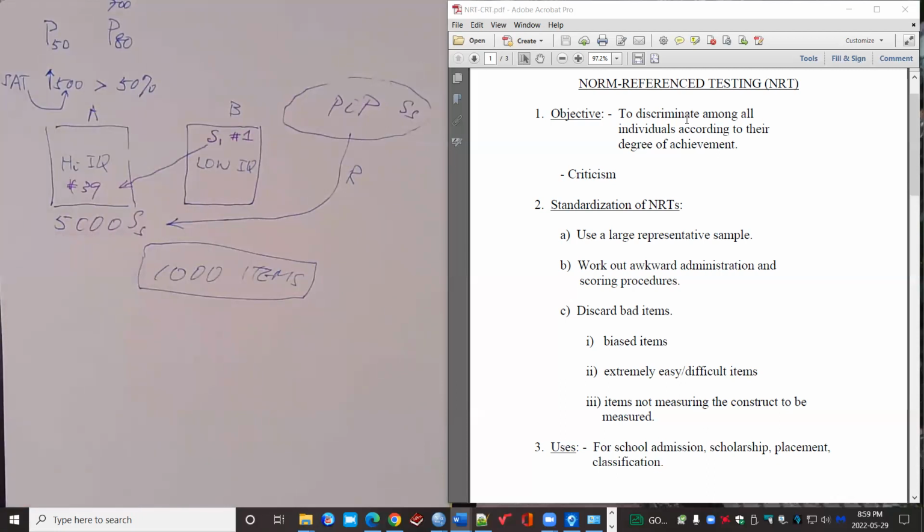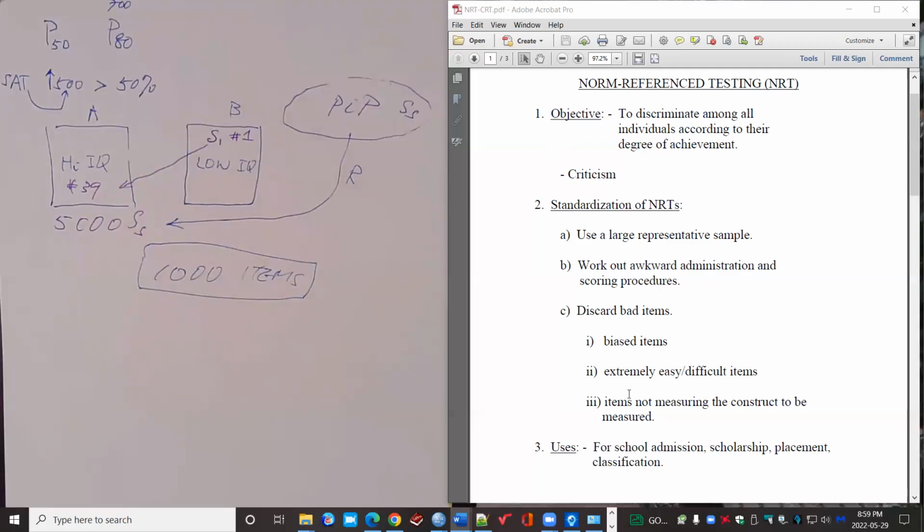So they are useless, because these items do not provide any information about the examinees. So we discard them.